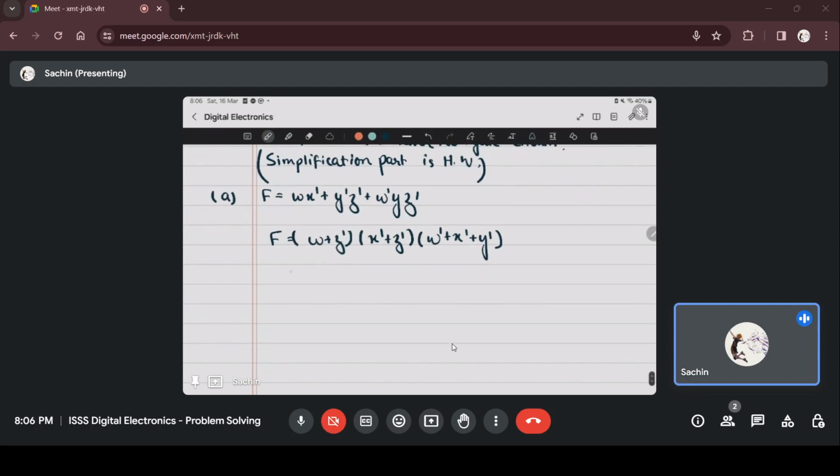using only NOR gates, similar to previously when we did it for only NAND gate implementation. You take the complement twice, so you get ((w + z')' + (x' + z')' + (w' + x' + y')')', the entire thing through a NOR gate.